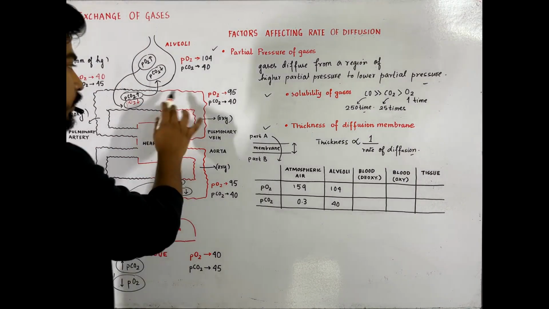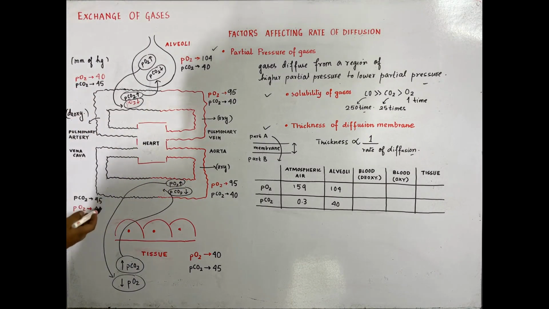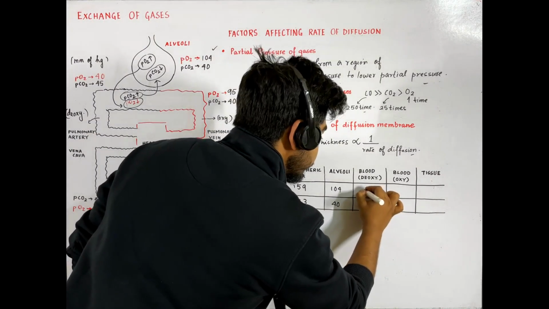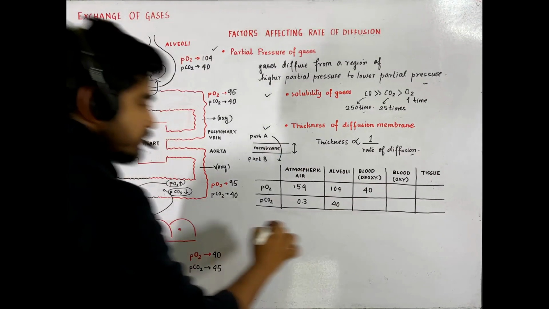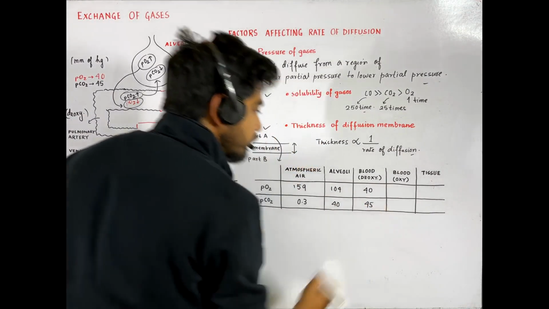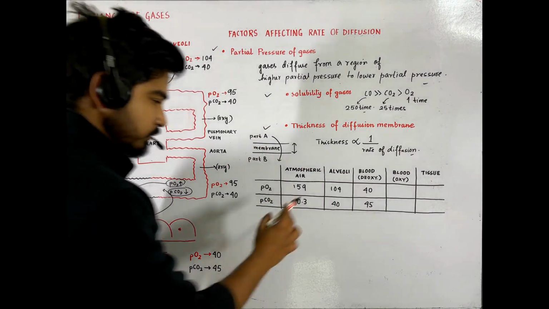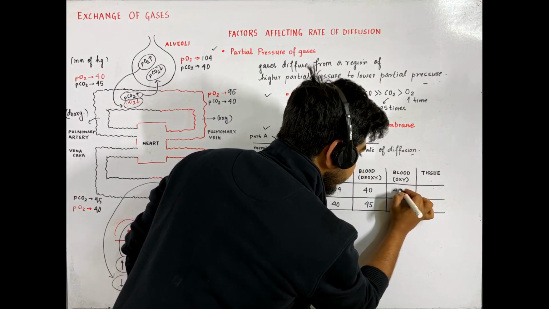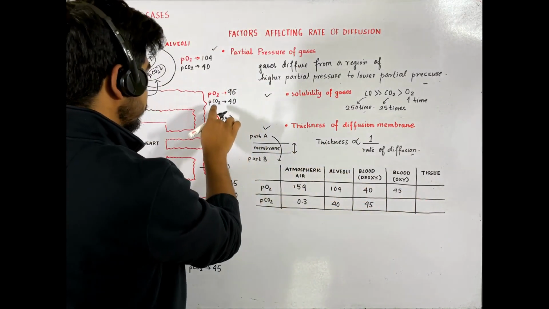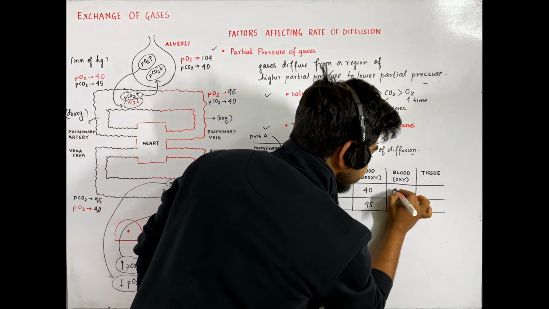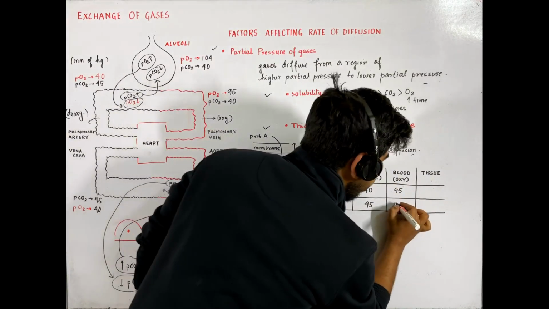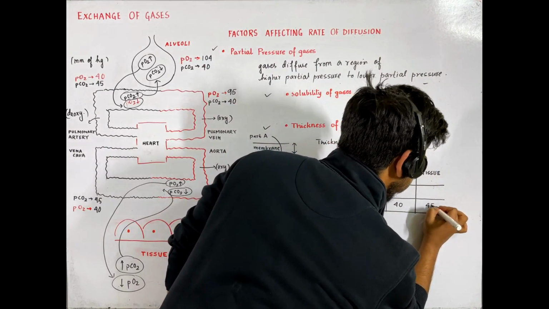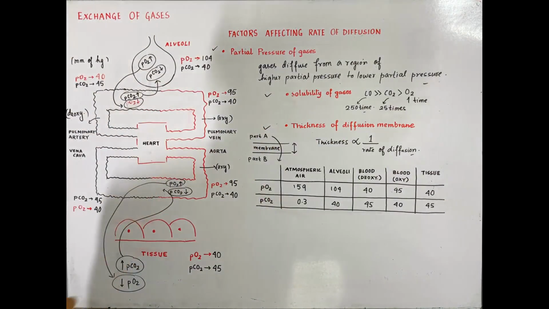Now coming to the deoxygenated blood, PO2 is 40 and PCO2 is 45. In case of oxygenated blood, sorry, I'm very sorry, this is 95 and 40, and in case of tissue it is 40 and 45. Now just compare it, you will get the answer.